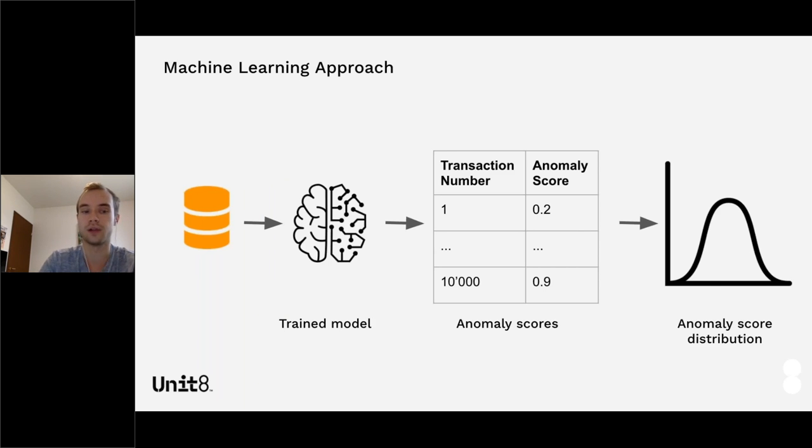This score reflects how certain the model is that a transaction is or isn't an anomaly. And please note that if we have an anomaly score for every transaction, we also have an implicit ranking of all transactions in terms of how likely they are to be true anomalies according to the model. We can also visualize the results of the model as a distribution of anomaly scores. That's represented on the right.